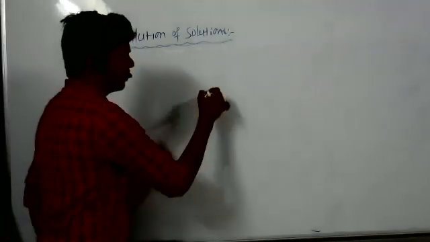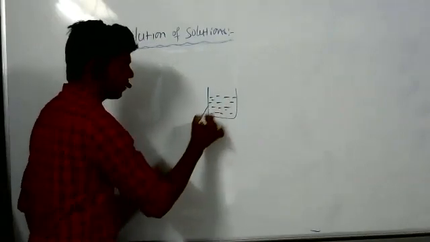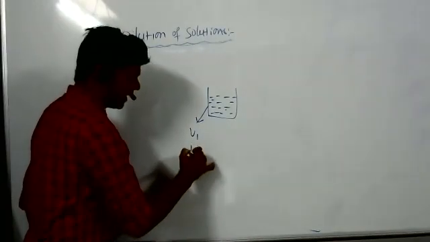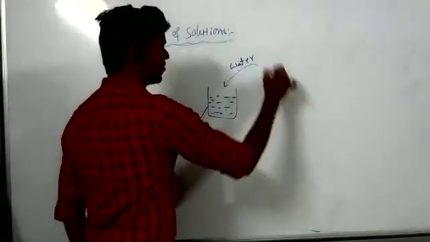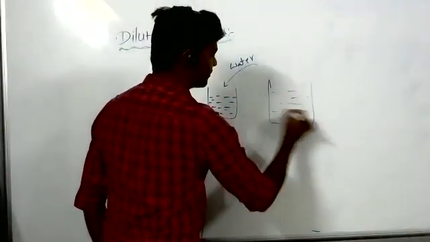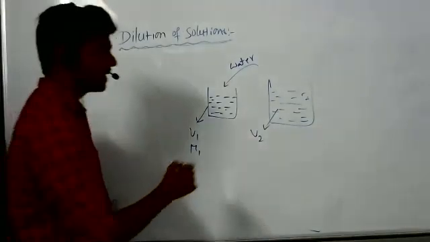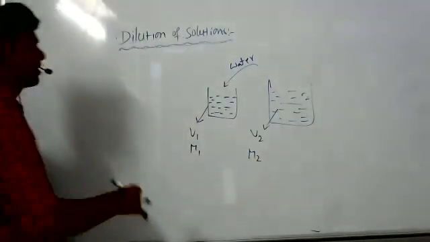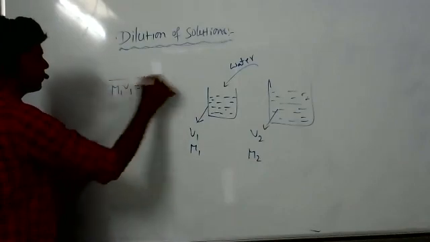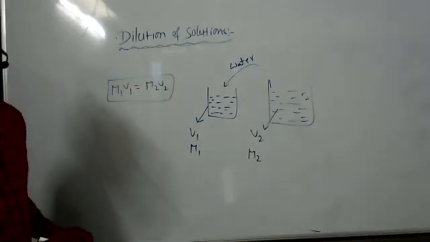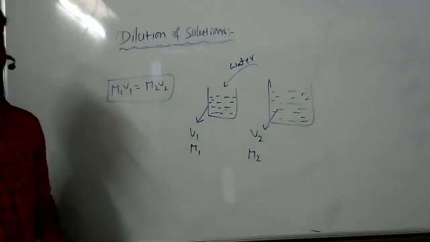Later I'll give the formulas. See here, I'm taking some solution. Suppose its volume is V1 and molarity is M1. To this, I add some water or any solvent. Now its volume becomes V2 and molarity becomes M2. The relation is M1V1 equals M2V2. If we know three terms, we can calculate the fourth.